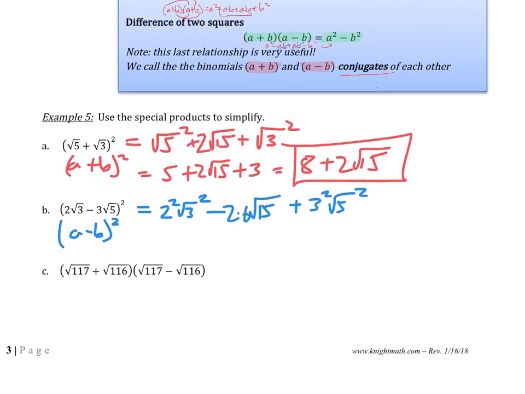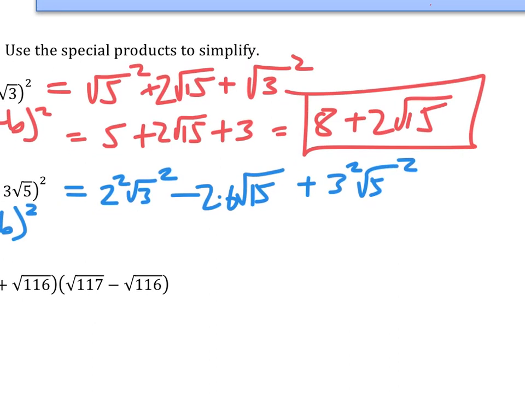So a little bit more going on there. So we're going to be careful with cleanup here. So 2 squared is 4. Square root of 3 squared is 3. And then we got 2 times 6 is 12. And then here we've got 3 squared, which is 9 times 5.